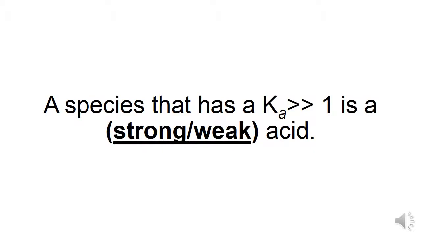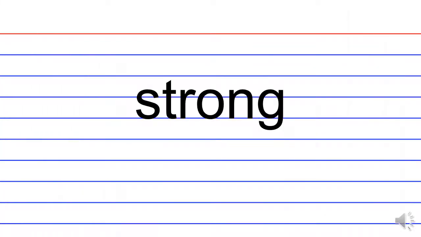A species that has a Ka that is much, much greater than 1, that means the value for the Ka is really large, is a strong or weak acid? So what is it? It's going to be a strong acid.